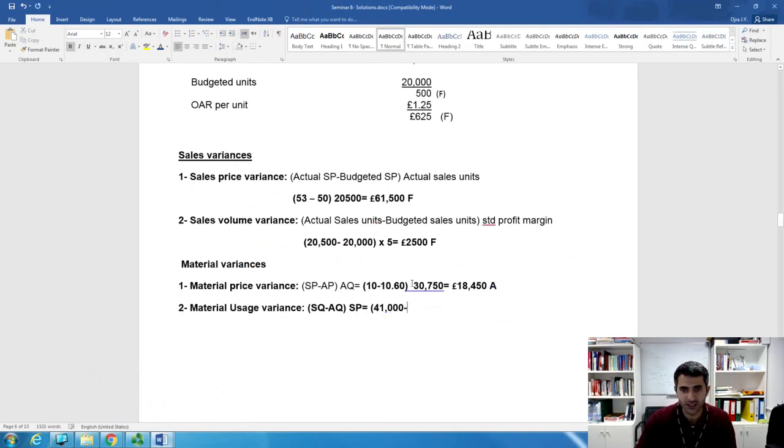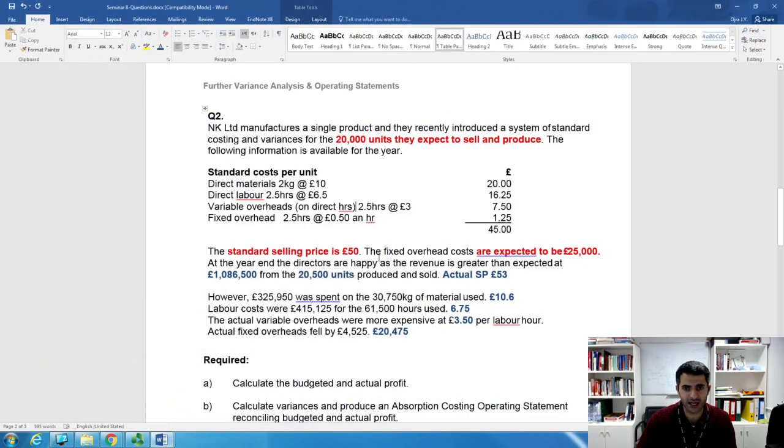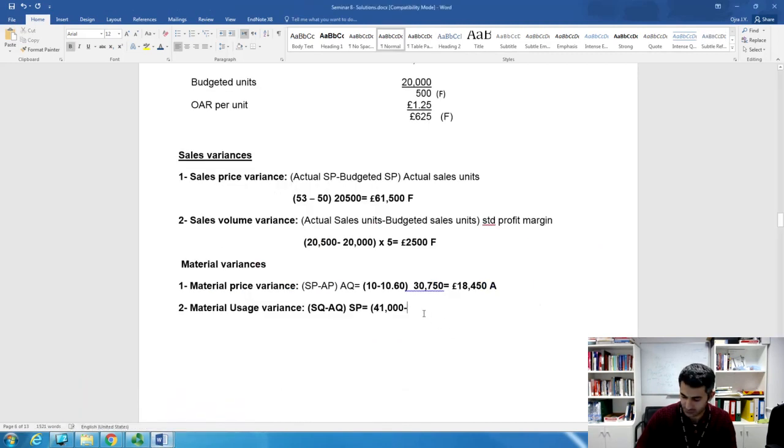Okay, that's great. So minus the actual quantity. If you look at the actual quantity, you will see the actual quantity is 30,750. Times standard price.